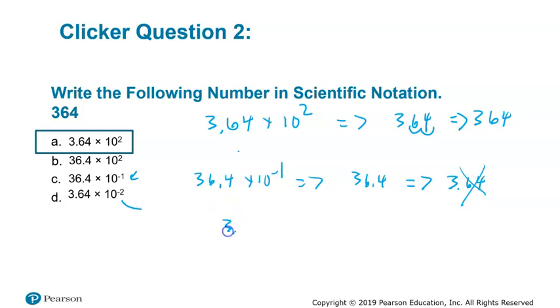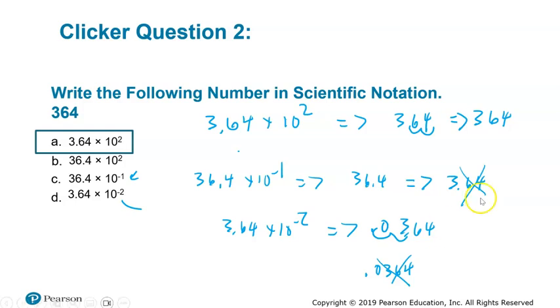So this one here, 3.64 times 10 to the negative second. What would that be? Well, we'd have 3.64, and we move it 1, 2. And so this would be 0.0364. Again, not what we're looking for. So hopefully this makes sense. And again, these numbers will oftentimes be easier to write this way.